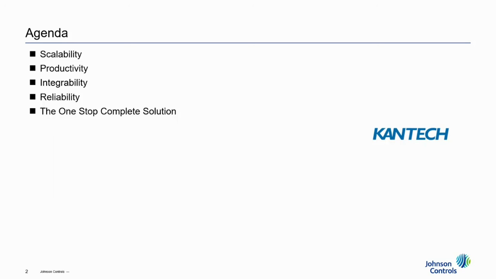The main thing here is that KANTECH is suitable for all sorts of environments you might have, and it creates new opportunities for you to start selling access control, even to non-traditional markets.